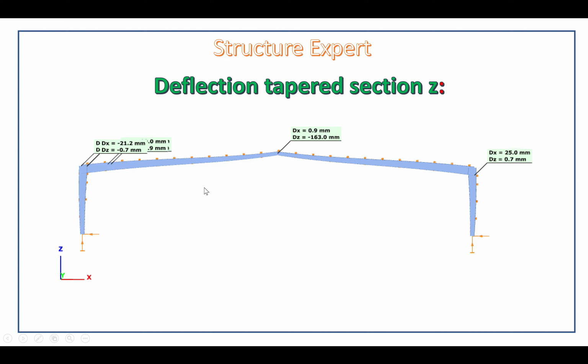So we discuss the maximum deflection in the Z direction, and at the end of the slides we will discuss both directions. You see here the maximum deflection is minus 163 millimeter for the taper section.